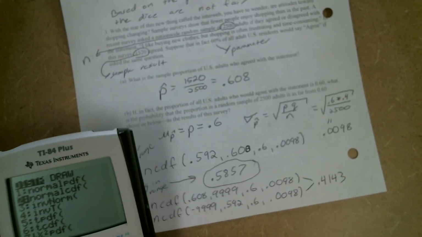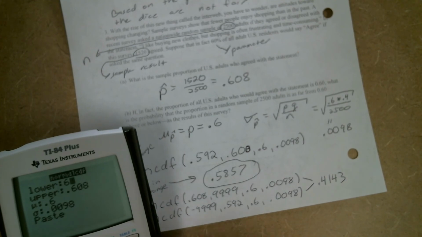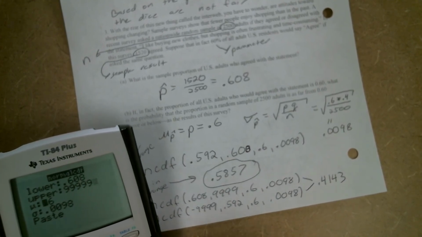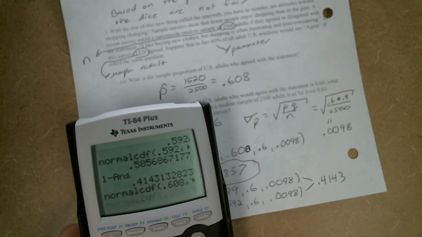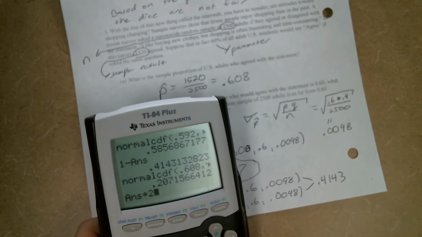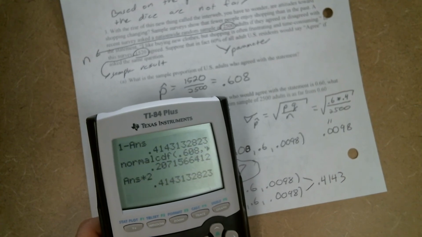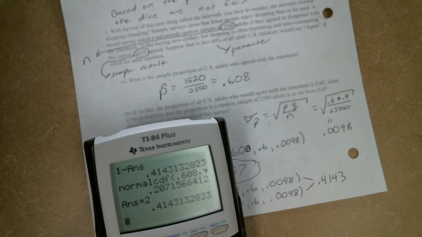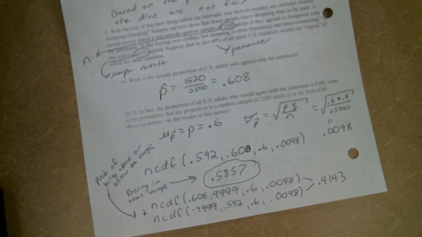If I went to normal CDF, did 0.608 to 9999, keep all that other stuff the same, it gives me that, but it's symmetric. So if I were to double this, these two are going to give me the same thing anyways, and I get right back to that 0.4143 that I had there.